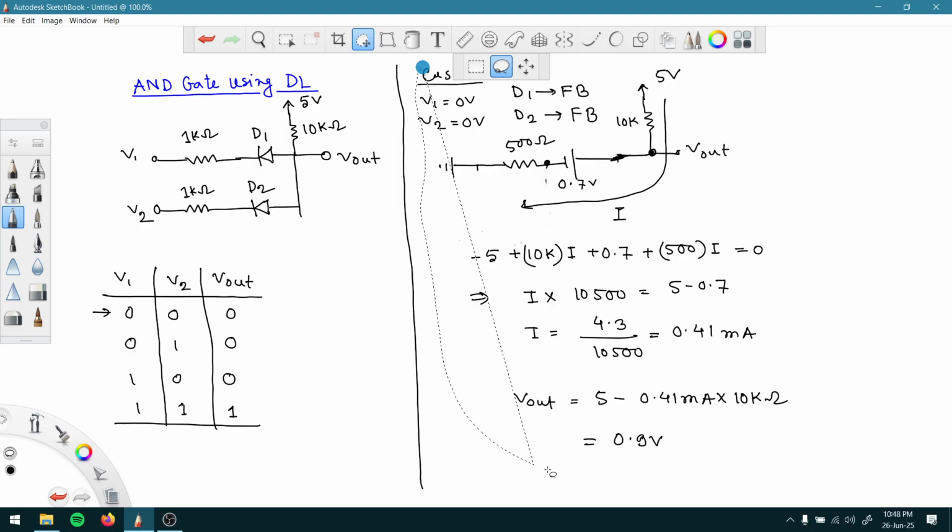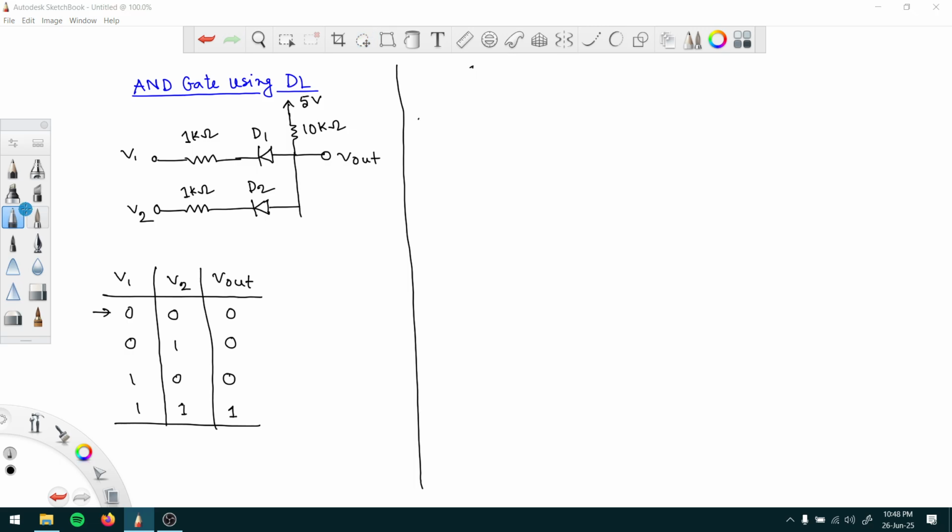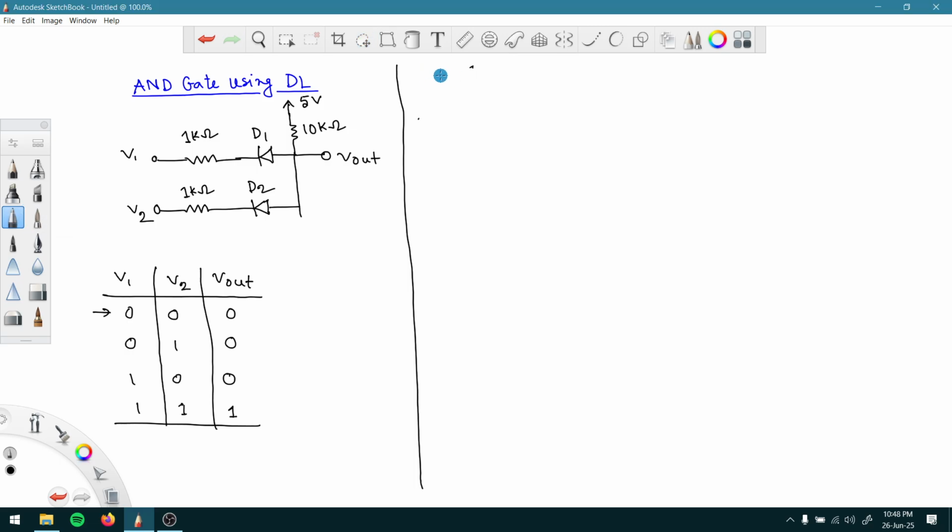So now for case 2. For case 2, V1 should be 0 volt, V2 should be 5 volt. And for that case, because V1 is at 0 volt, 5 volt is higher compared to this V1, so at that condition D1 will be forward biased.